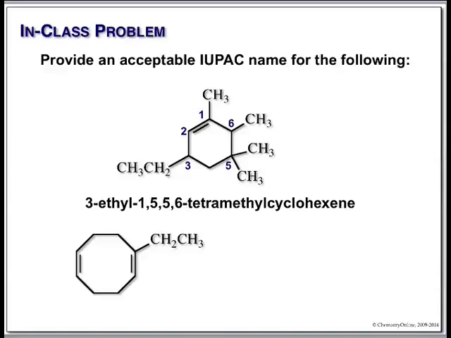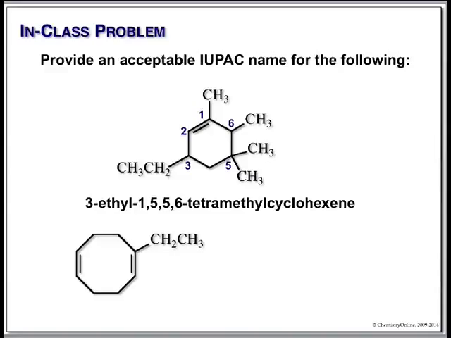All right, let me try again on this one. This is going to be a cyclooctadiene, isn't it? We know that we have to start at our double bond and number through it. We could let this be carbon 1, and that would be carbon 2.